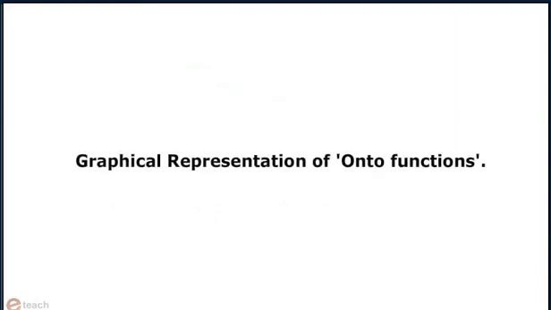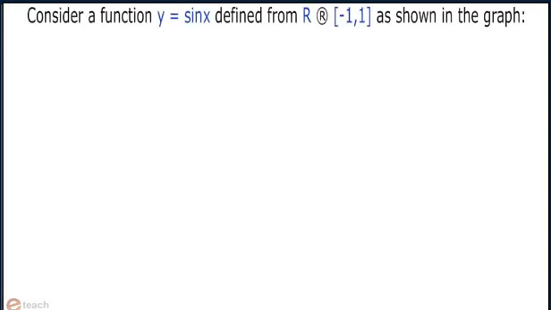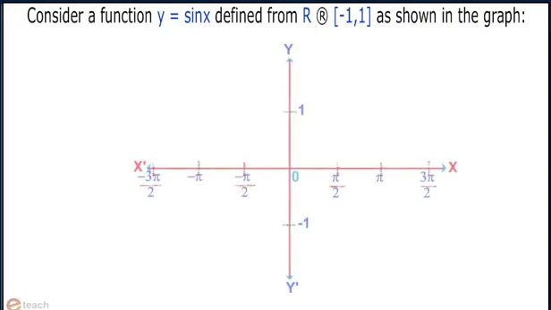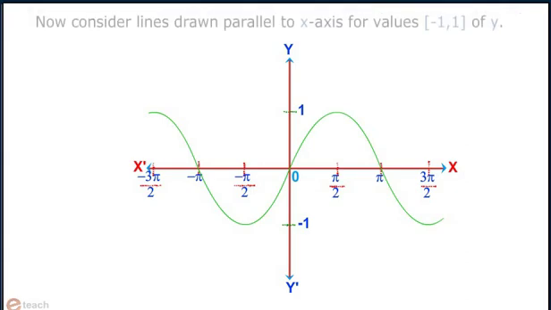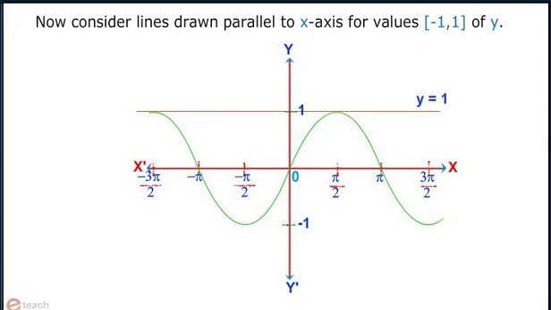Let us study graphical representation of onto functions. Consider a function y = sin x defined from R to [-1, 1] as shown in the graph. Now consider lines drawn parallel to x-axis for values -1 to 1 of y.